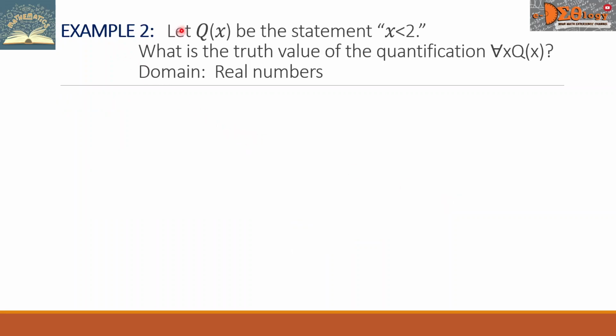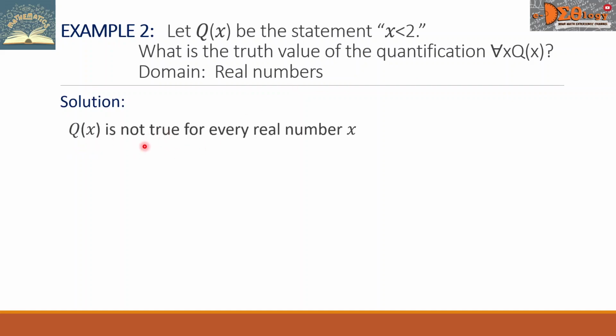Example 2. Let q of x be the statement x is less than 2. What is the truth value of the quantification for all x q of x? The domain is the real numbers. Q of x is not true for every real number x. Let's find a counterexample. Let's say x is 3. So we have this q of 3.